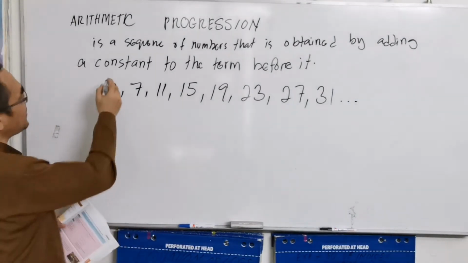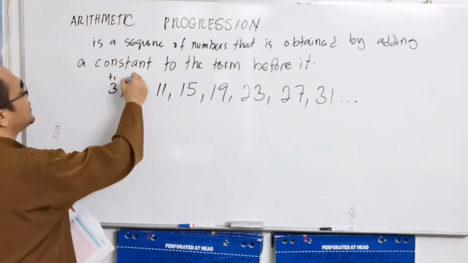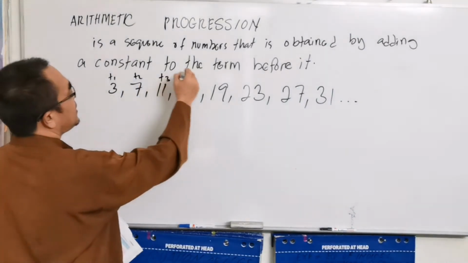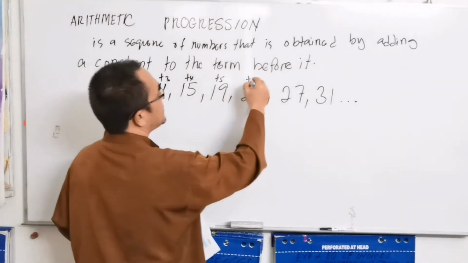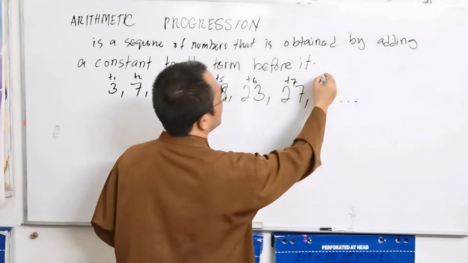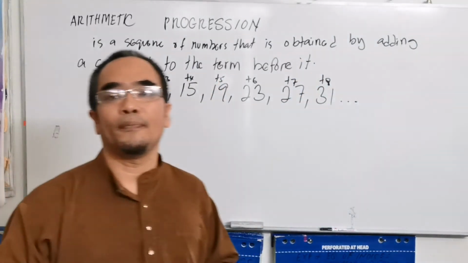So this one is T1, the first term, T2, T3, T4, T5, T6, T7, T8, and so on and so forth.